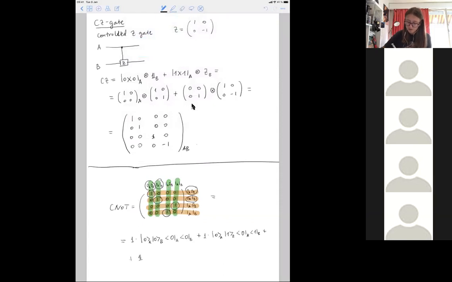So it's this intersection of the row 1, 1 and the column 1, 0. And finally, the last one, which is in the fourth column, is an intersection of row 1, 0 and column 1, 1. And in this way, we can write out the matrix in terms of brackets.